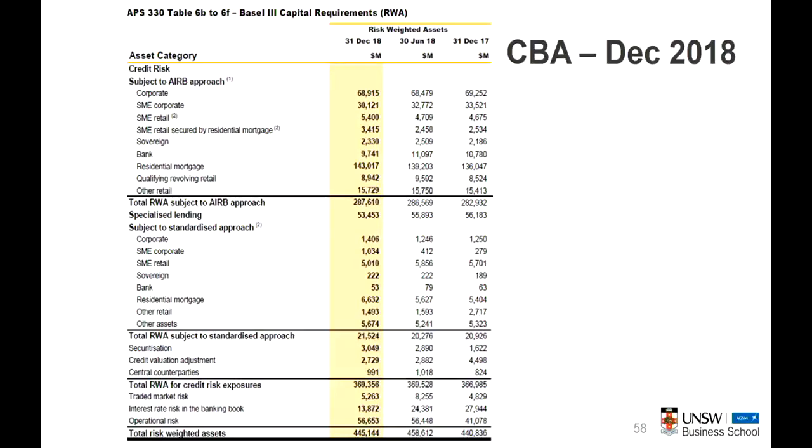For CBA, total risk-weighted assets were 445 billion, as of the end of last year. Of that, 370 was credit risk. 370 out of 445. Traded market risk, 5 billion. Interest rate risk in the banking book, 13. And operational risk, 56.